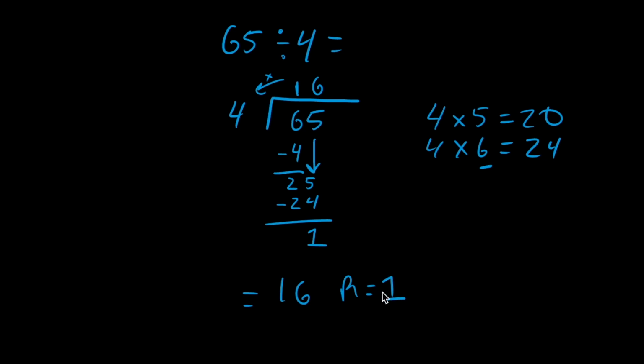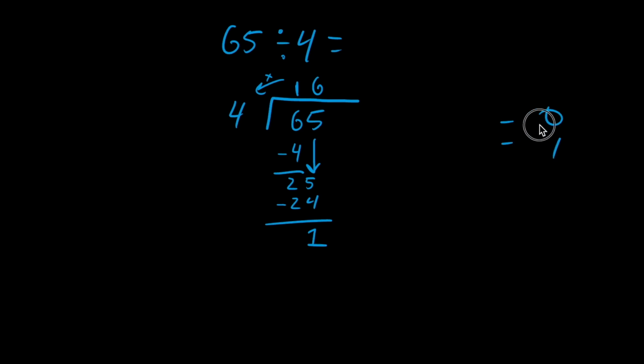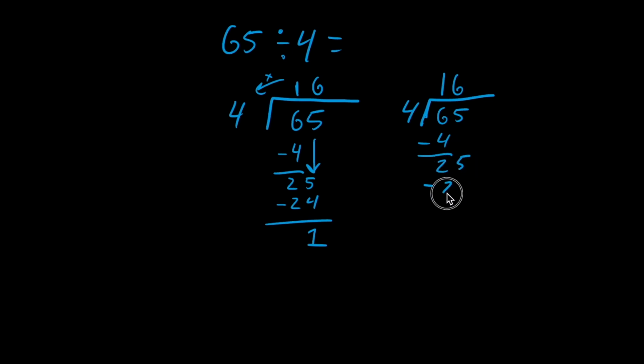However, we can also turn this answer into a decimal. So let me go ahead and erase all this to make room. And I'll rewrite everything on this side. So you have 65, 4, write the 16 up there. That was 25, 24, and then your 1.